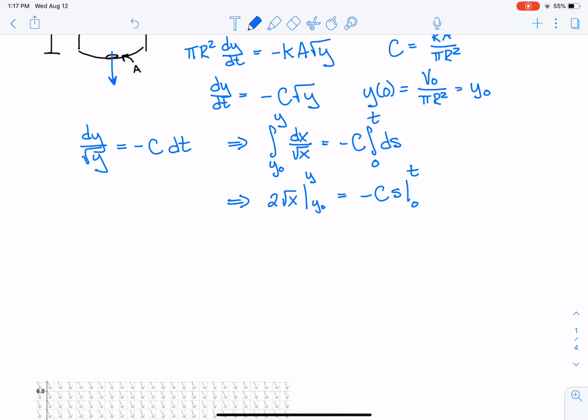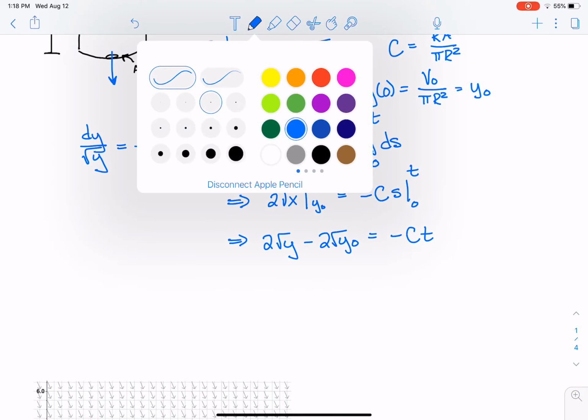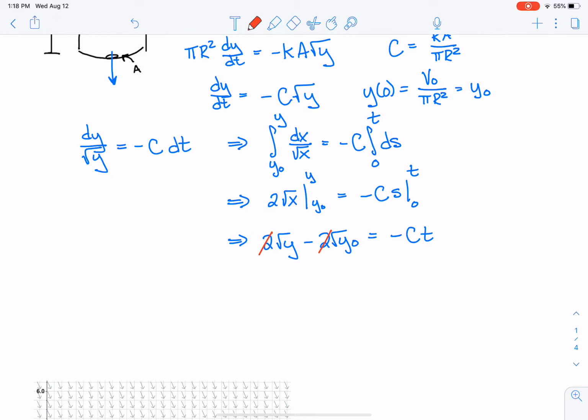Okay, so this is going to give us 2 square root of y minus 2 square root of y0 is equal to minus c times t. Okay, so at this point, I'm going to divide everything by 2.